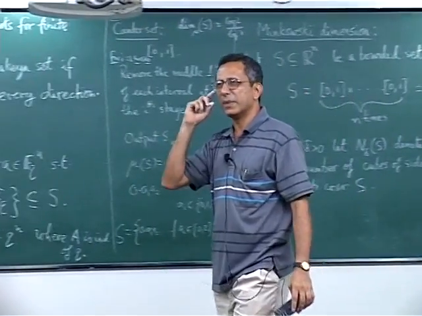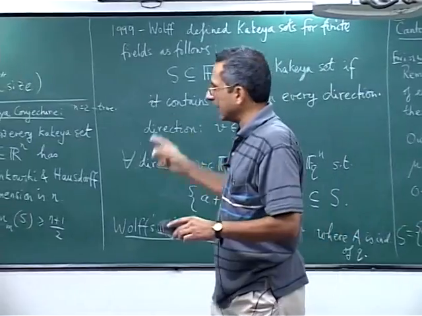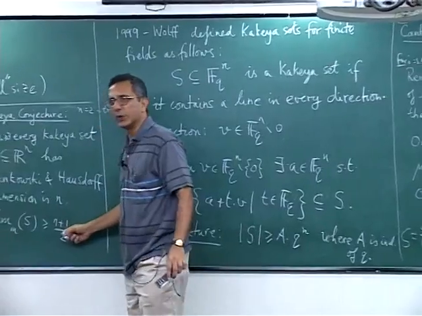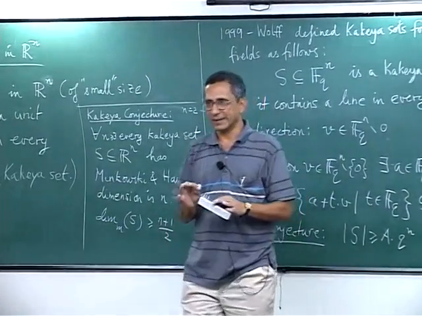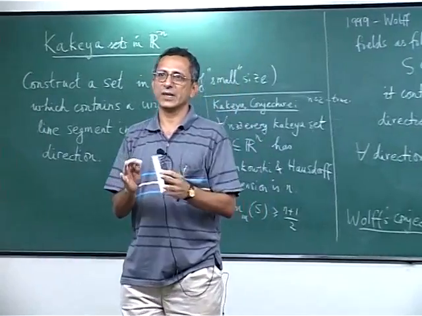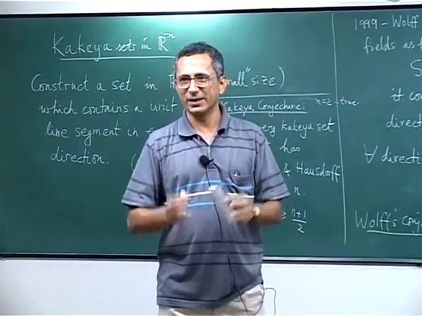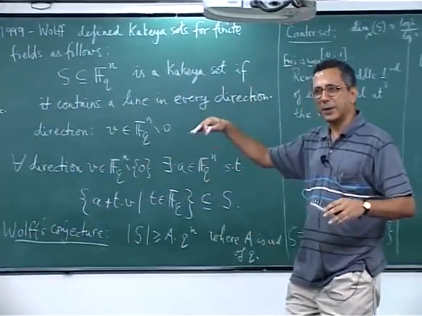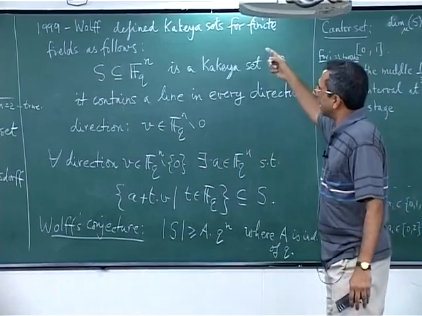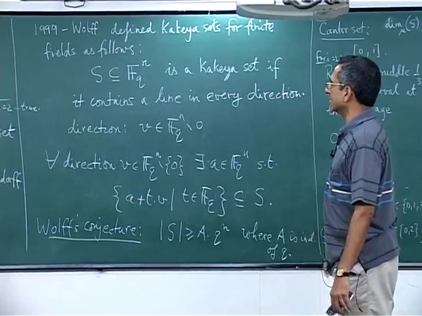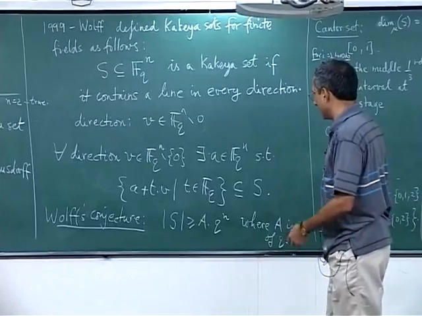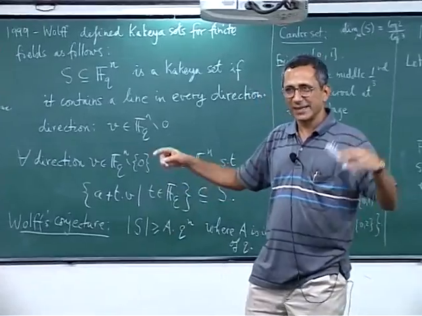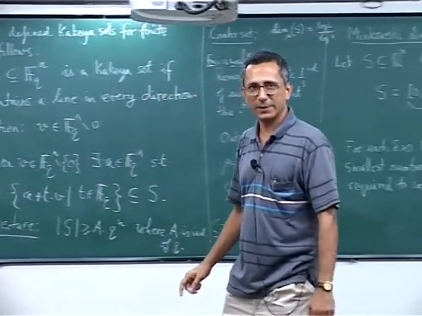This conjecture was motivated by certain lines of attack on the Kakeya problem. The people who proved this had a very combinatorial approach to the problem. They looked at a discretized version of it and somehow managed to generalize it, and trying to push that particular line of attack, Wolff conjectured that one should be able to solve this problem first before making progress, using the same approach on the general problem.